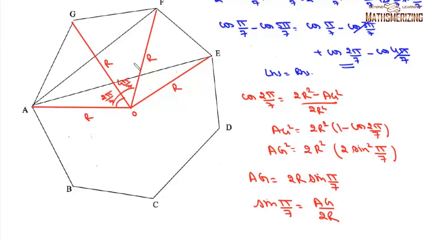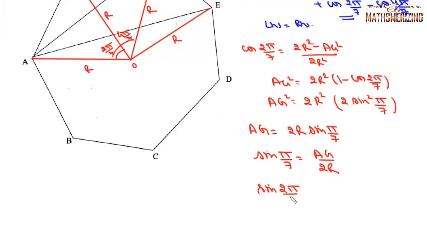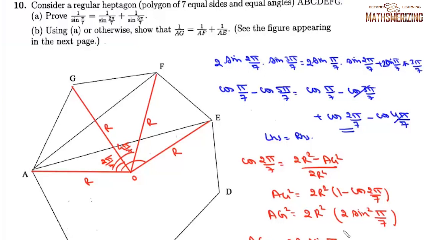Now for this triangle, the angle is 4 pi by 7. So we'll get sin 2 pi by 7 equals AF upon 2r. And in the same way, this angle is 6 pi by 7, so we write sin 3 pi by 7 as AE upon 2r. Now we'll put the values of sin pi by 7, sin 2 pi by 7 and sin 3 pi by 7.